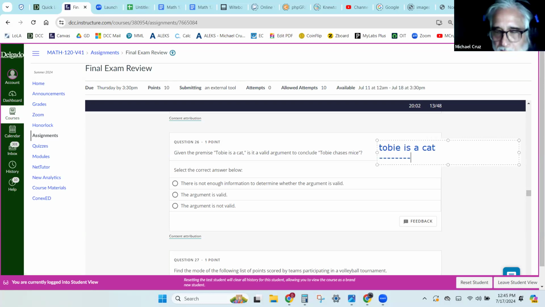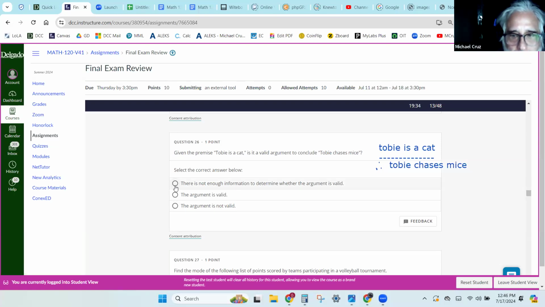This is the way that argument would look if we went back, and then down there would be Toby chases mice. So that's not enough information for an argument because we have to have at least two premises. There's not enough information to determine whether it's a valid argument or not.